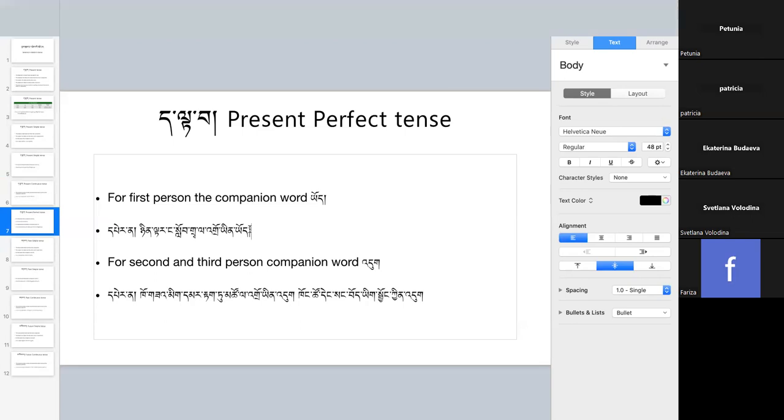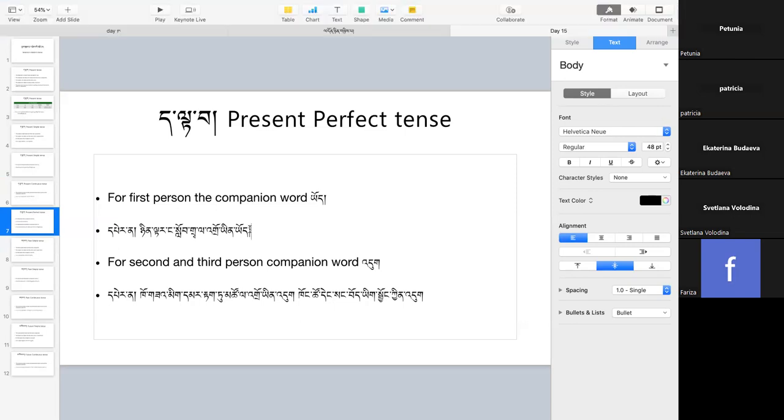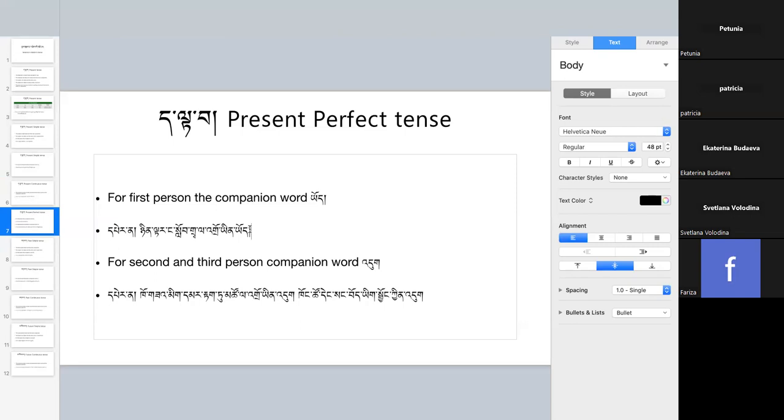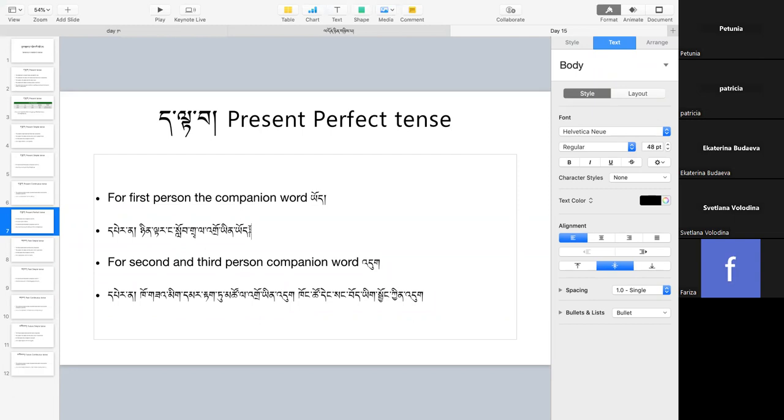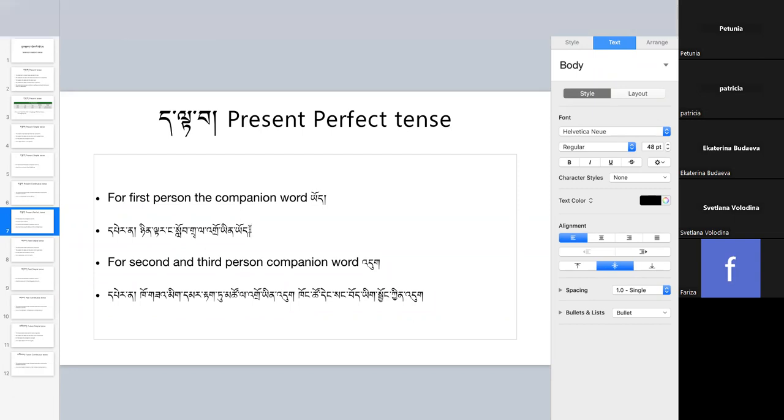So if the companion word is ye, for example, cheki ye, then it becomes the present simple for the first person. Cheki tuk, present tense for the second and third person.